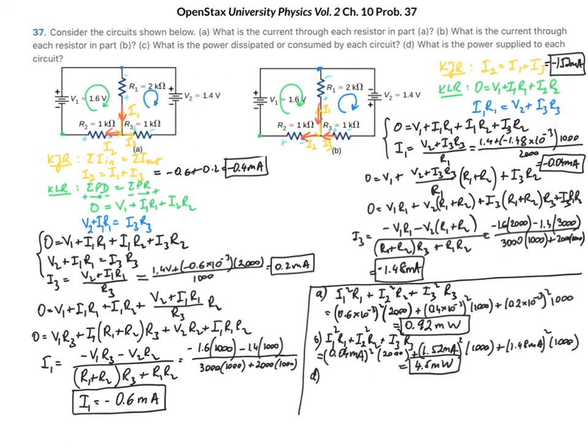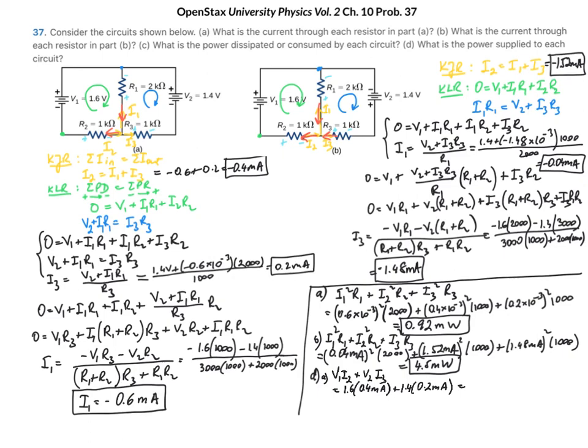So for circuit A, we have V1 I2 plus V2 I3. So that is 1.6 volts times 0.4 milliamps plus 1.4 volts times 0.2 milliamps.